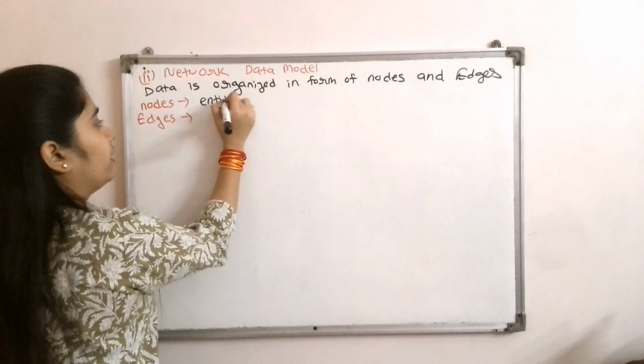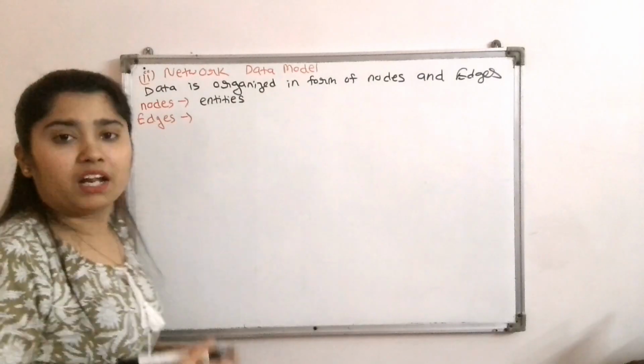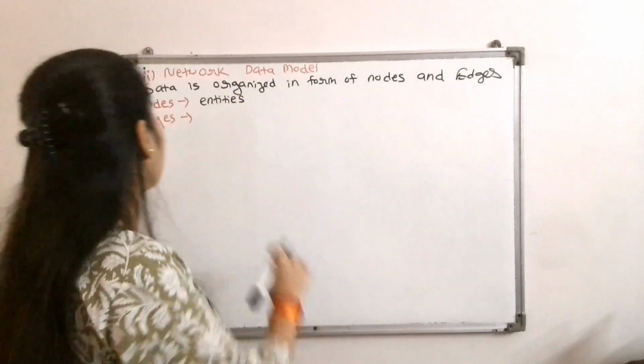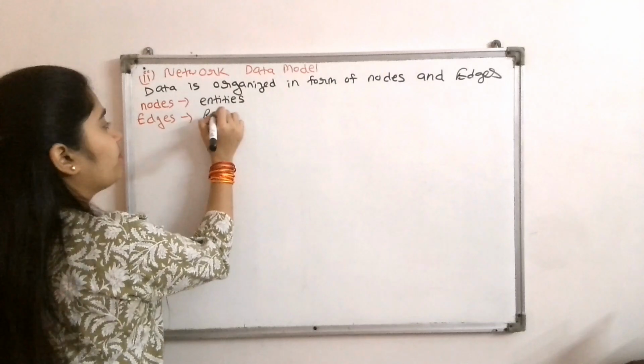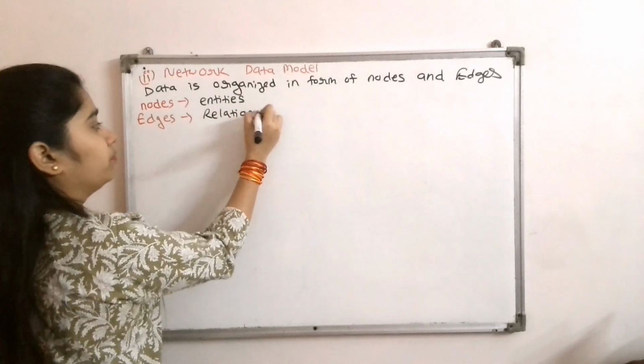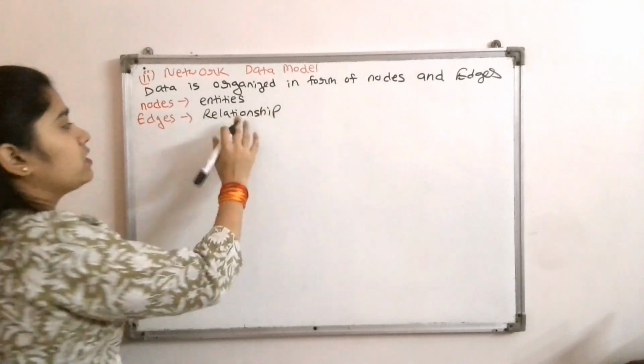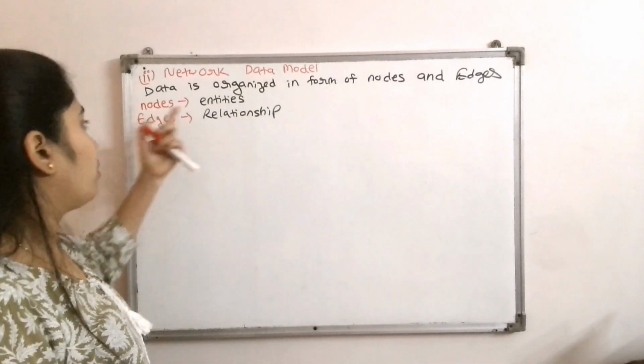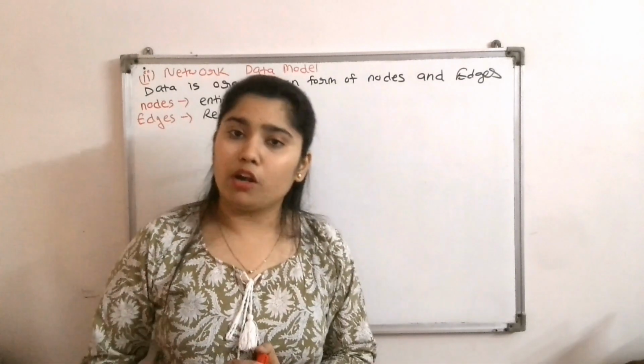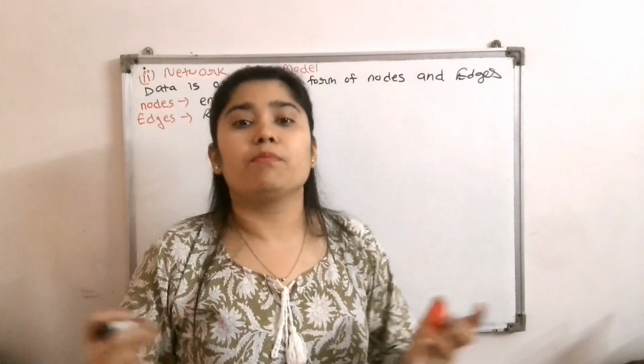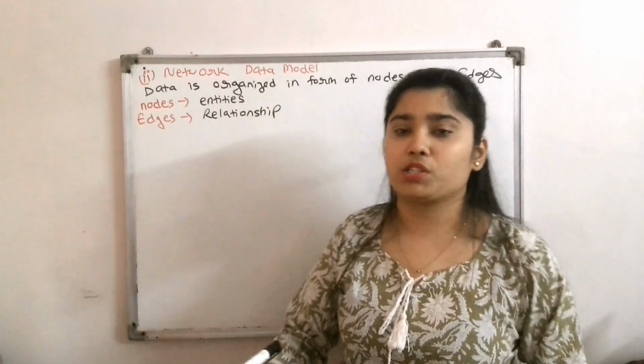Now what are nodes? Nodes means the entities. And I have told you what are entities. Entities are the real world objects. And what are edges? Edges are the relationship. This represents the relationship and nodes are the entities which are the real world objects. See, in this there can be multiple parent and child relationships.